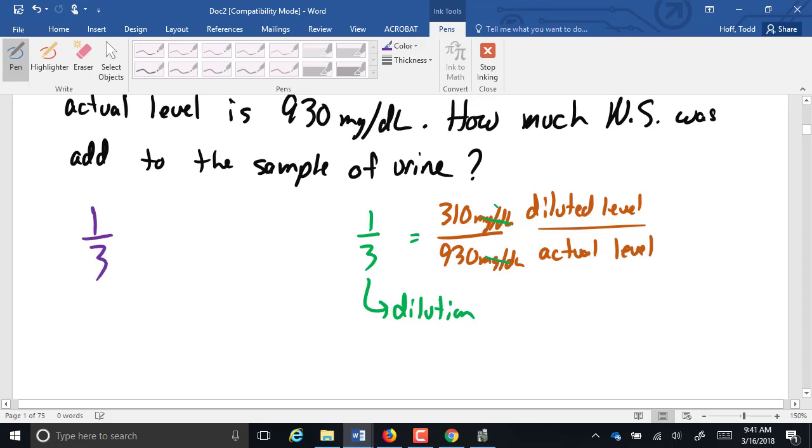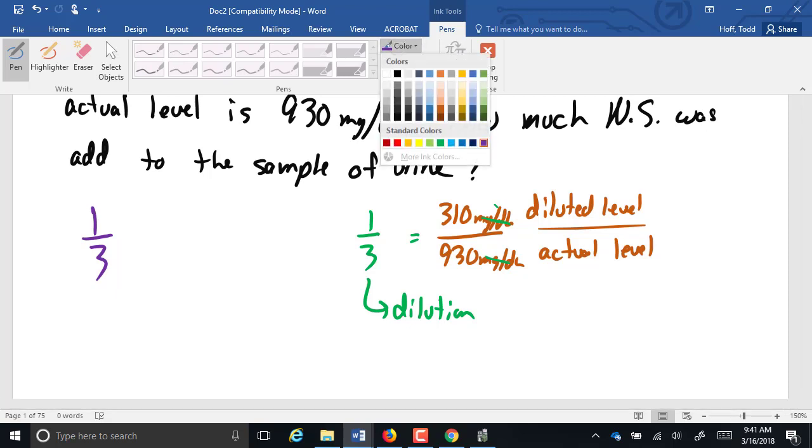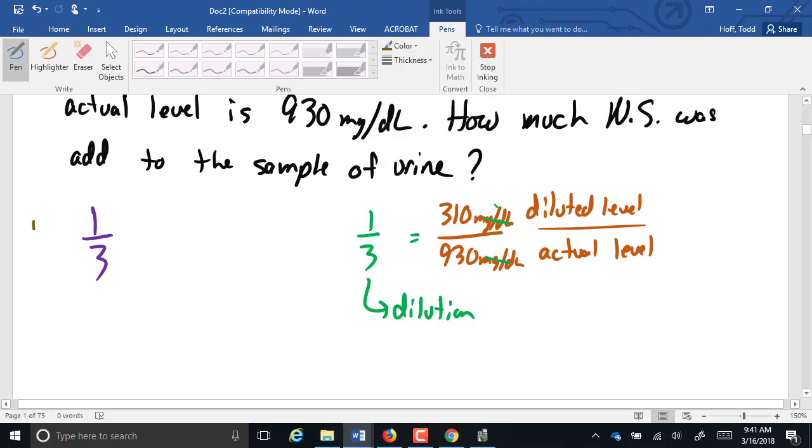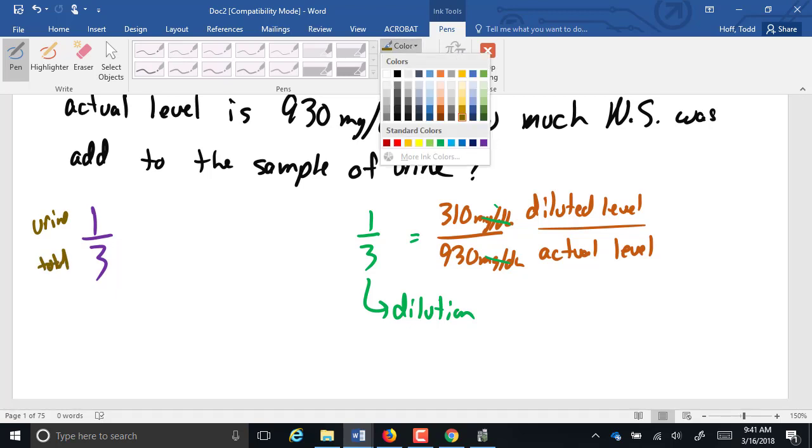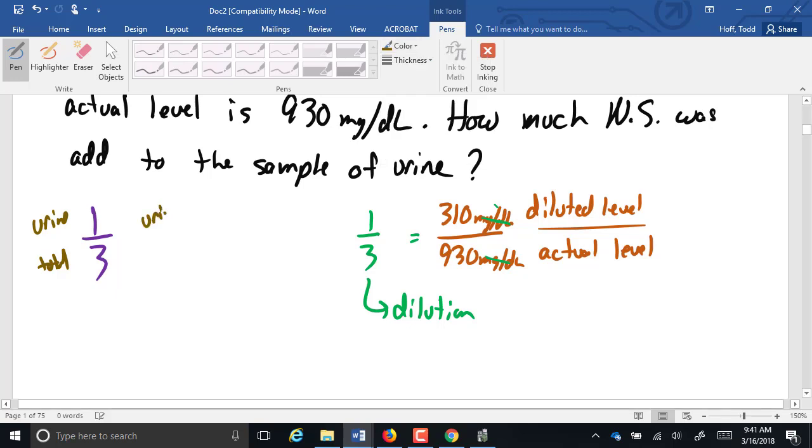So we have a dilution of 1 in 3. We can use this in one of two ways. I tend to go back to basic concepts. So I would use that 1 in 3 dilution like this. That's a 1 in 3 ratio of, in this case, urine to total solution. I would change that to a ratio of urine to saline.